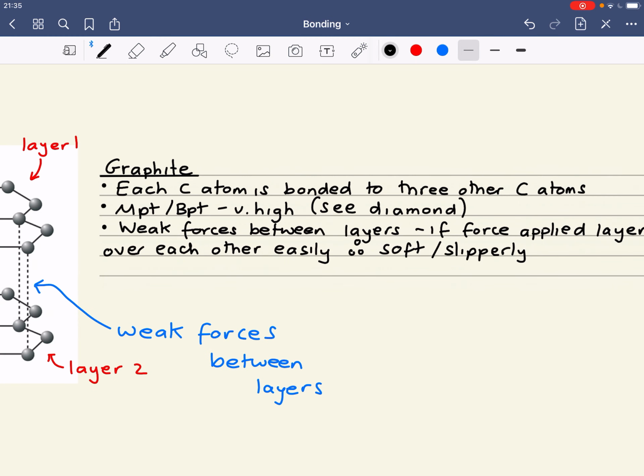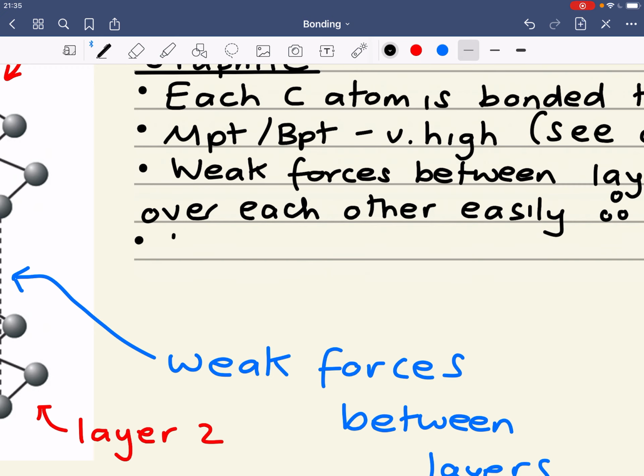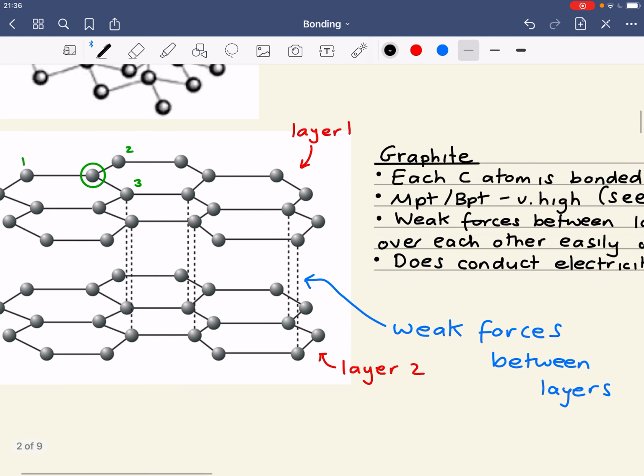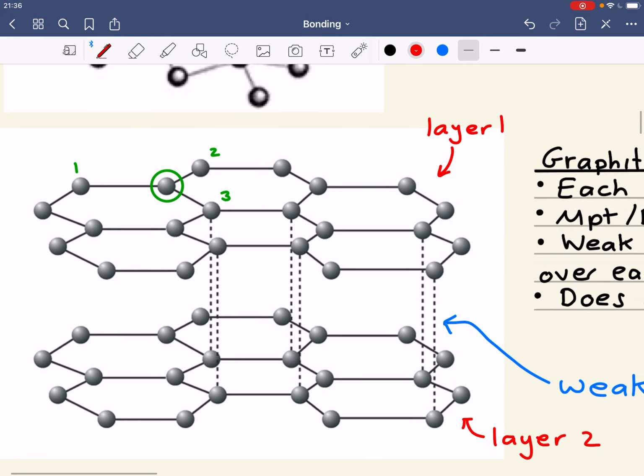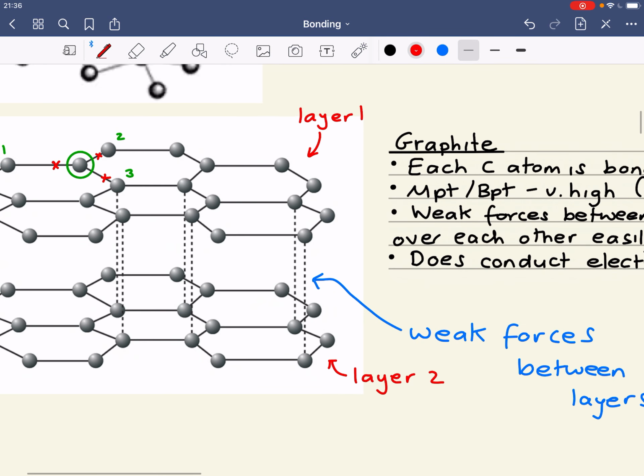Now, the last thing to look at then is, does it conduct electricity? And it does conduct electricity. Because, as we've said, each carbon atom is bonded to 3 other carbon atoms. If you just have a look at this carbon that's circled in green, 3 electrons there are used in bonding, and its 4th electron is delocalized between the layers.